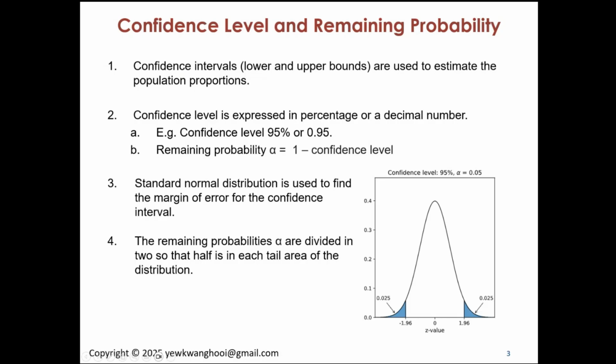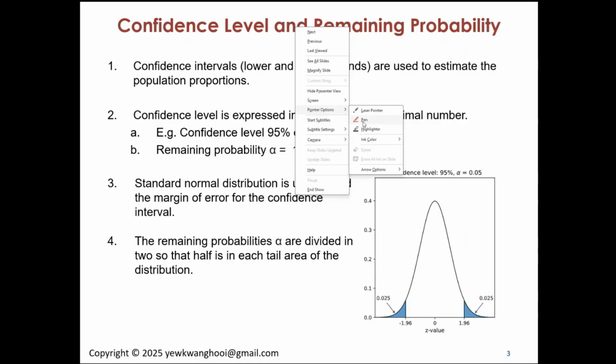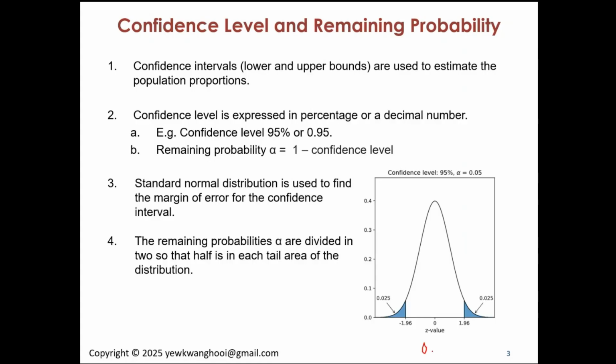If I have a whiteboard, it'd be easier. Let me use my mouse instead. So yeah, I have 0.05. We split it into two halves. It becomes 0.025.